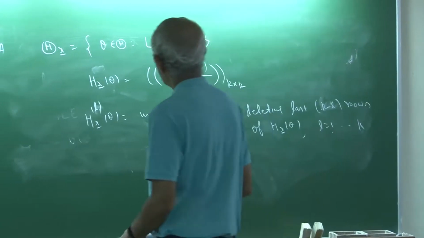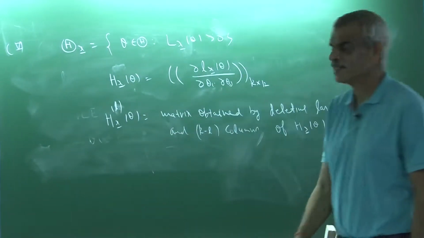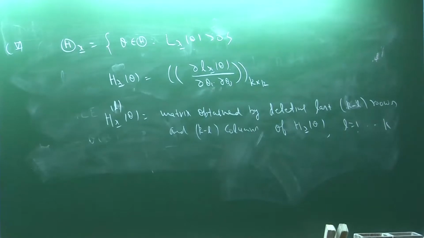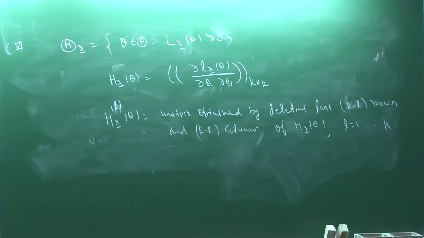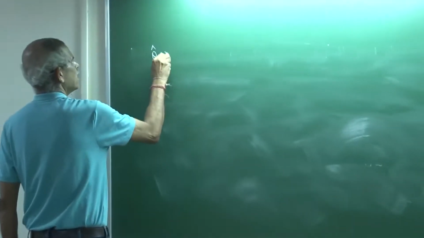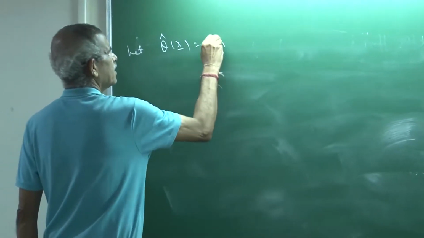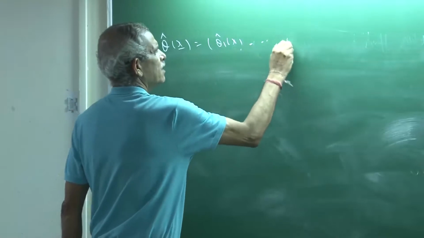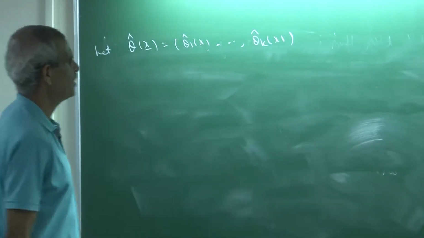Now you know, depending on the eigenvalues of this, you can determine whether a critical point is a local maxima or local minimum. So let theta hat x, which is theta 1 hat x to theta k hat x, be a critical point.